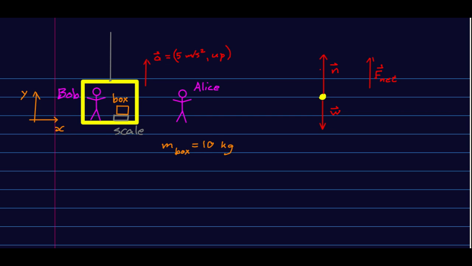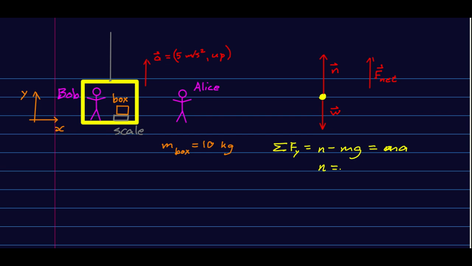So Alice can determine what this normal force is just by reading the scale. And what she's going to find is that we can predict what that reading will be. The y components of forces are going to be n minus the weight. I'm just going to write that as mg, and that will equal ma.